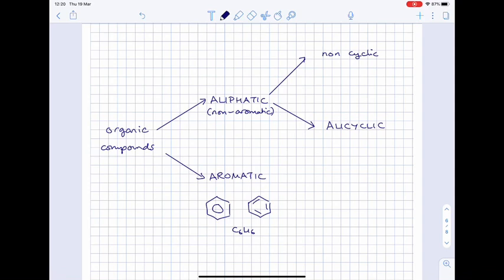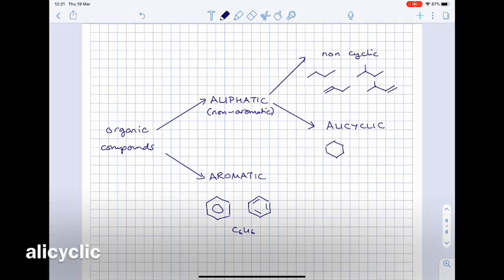Of those aliphatic compounds, we can group those into non-cyclic, so things like straight chain alkanes or branched chain alkanes, or even alkenes which have straight chains or branched chains. These are all non-cyclic. The other possible aliphatic compounds are cyclic, and we met cyclohexane, that's alicyclic.